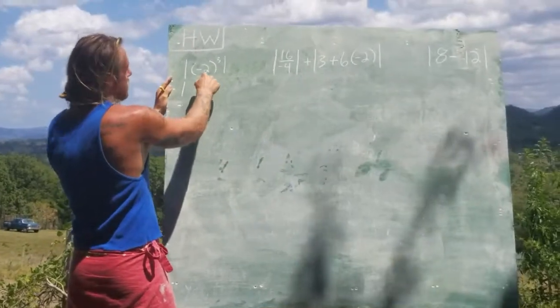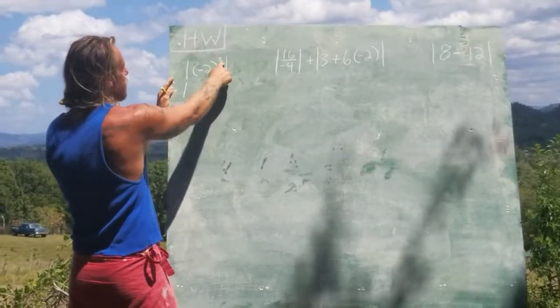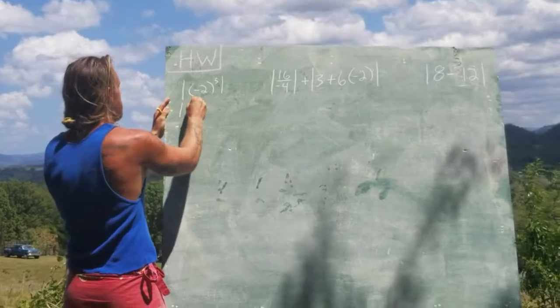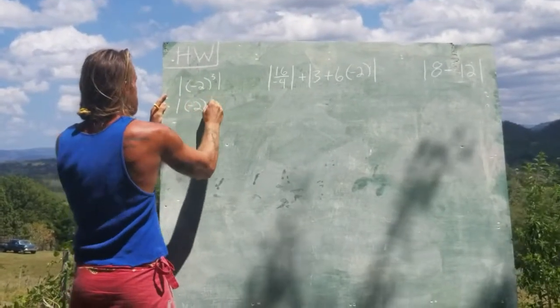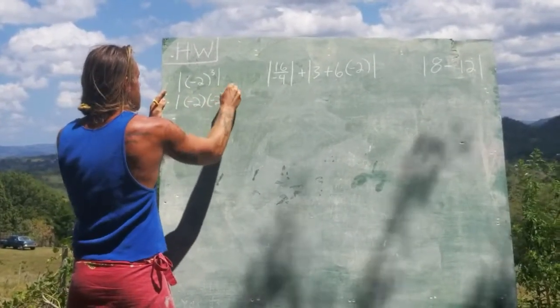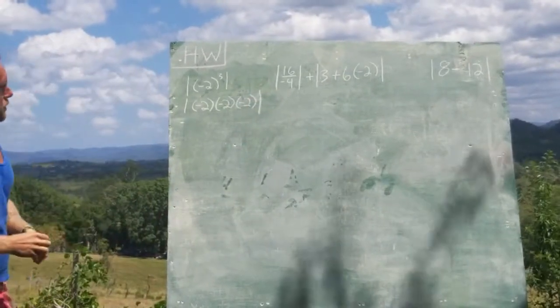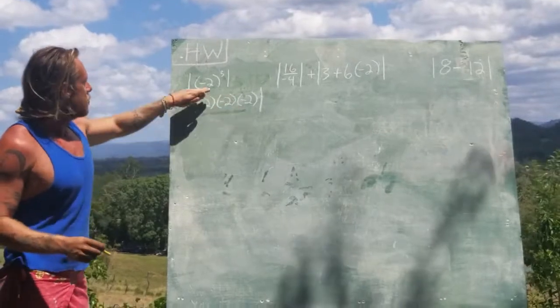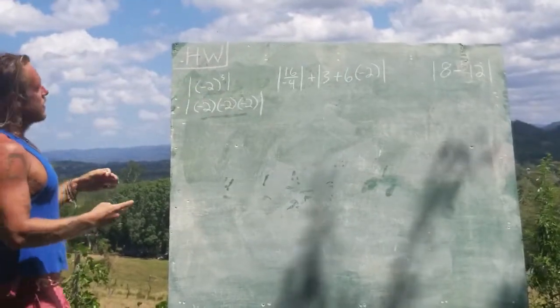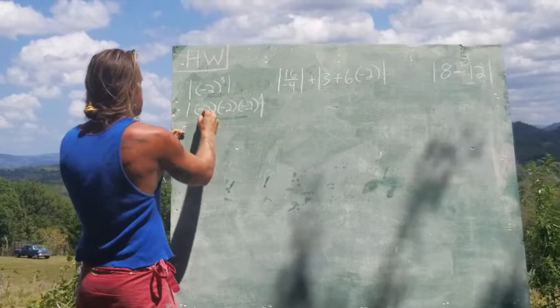Here's our base, here's our exponent, so we have 3 factors of negative 2. There's negative 2, okay. This again is equivalent to this. So let's evaluate these.